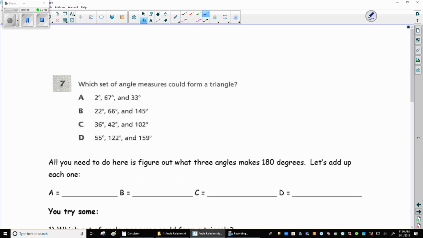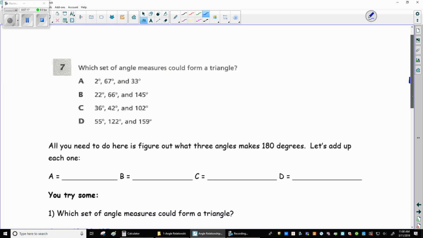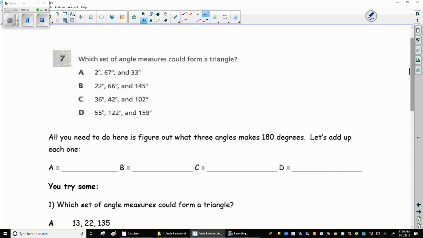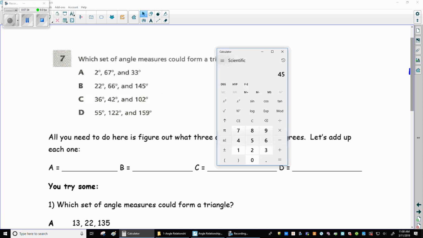Like I said, this one's sort of quick. So all they need you guys to do here is add up all 3 angles and see which one equals 180. That's it. So if I go to A and try to add up 2, 67, and 33, feel free to do it on a calculator. 2 plus 67 plus 33.